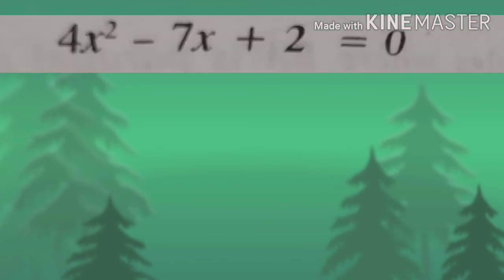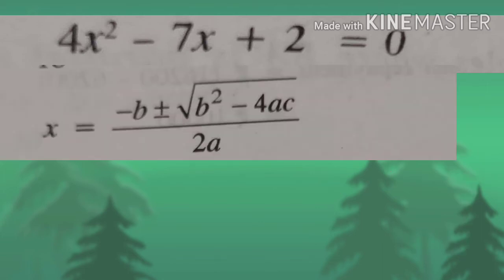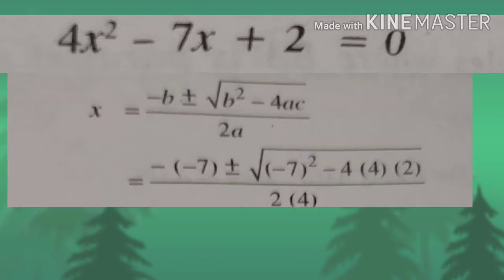Now let's proceed to solve another quadratic equation by using the quadratic formula. The given equation is 4x square minus 7x plus 2 is equal to 0. Here a is equal to 4, b is equal to minus 7 and c is equal to 2. Therefore x is equal to minus b plus or minus square root of b square minus 4ac whole divided by 2a by the quadratic formula.